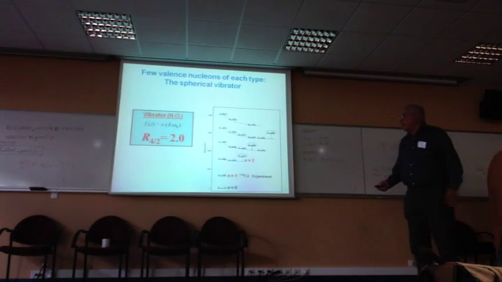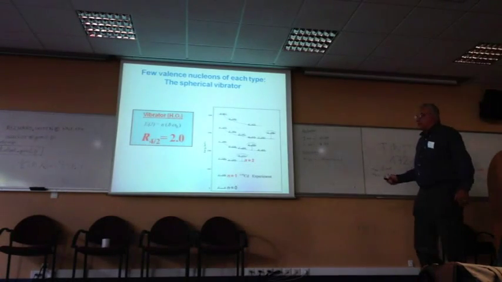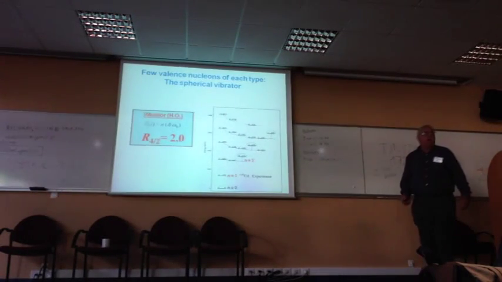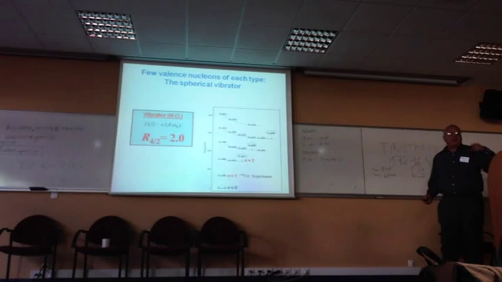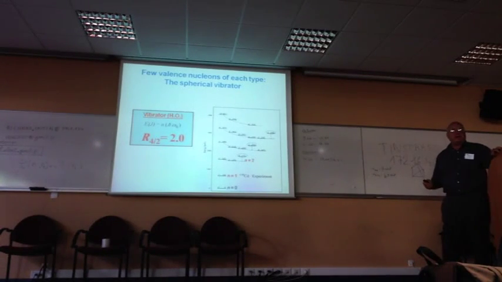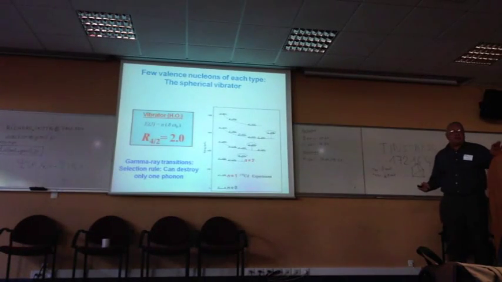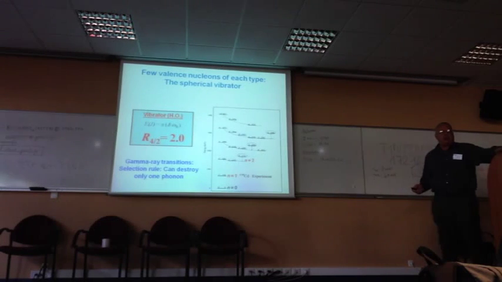Okay. So this is a real spectrum of a nucleus that seems to look quite a bit like a vibrator. And I will put in a table of the B(E2)s because I think it's worthwhile seeing them because it gives you another feeling for how good or bad these idealized models are. Now, gamma ray transitions. Seeing the energy levels is one thing, but you always want to look at transition rates.